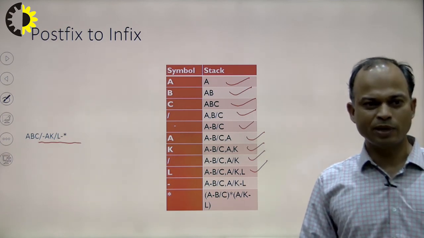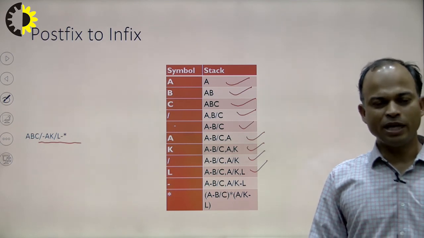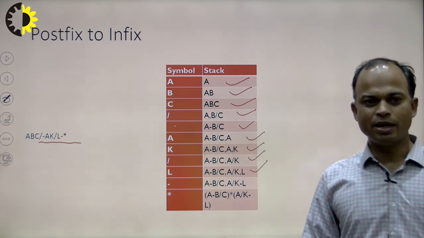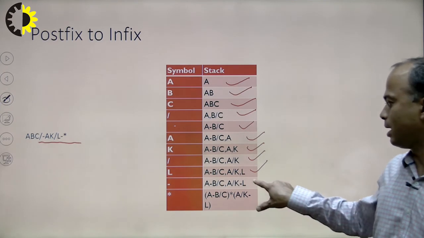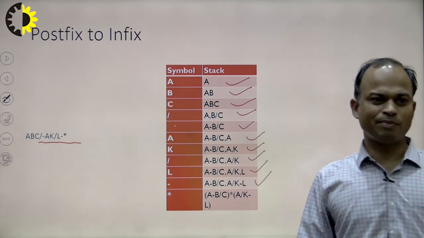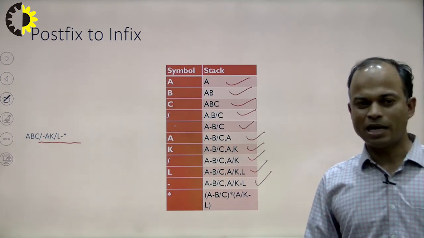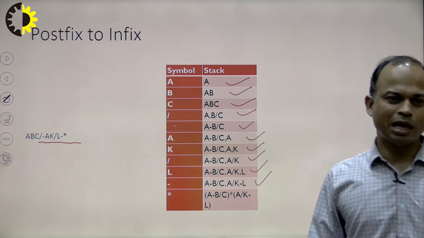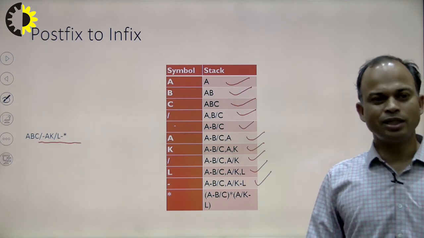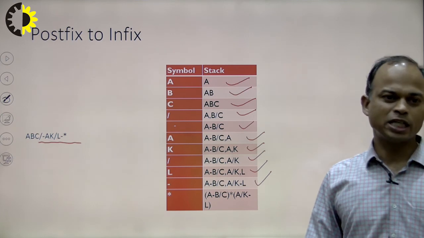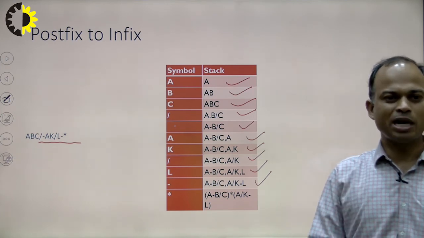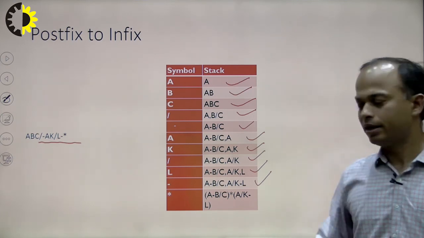Therefore our stack becomes a minus b divided by c, a divided by k minus l. And finally we have the multiply symbol, and it is applied onto the last two values of the stack. Therefore we have a minus b divided by c multiply a divided by k minus l.